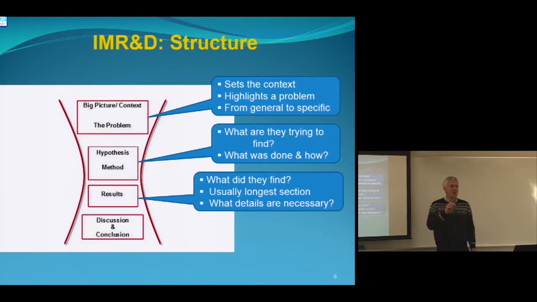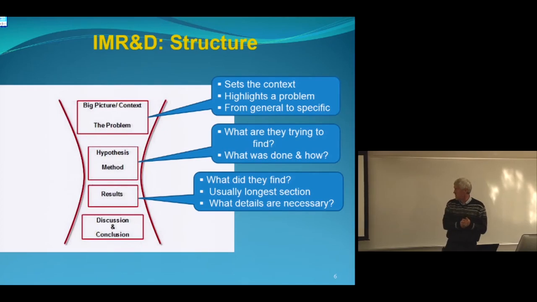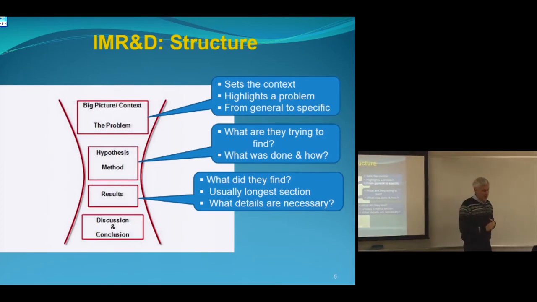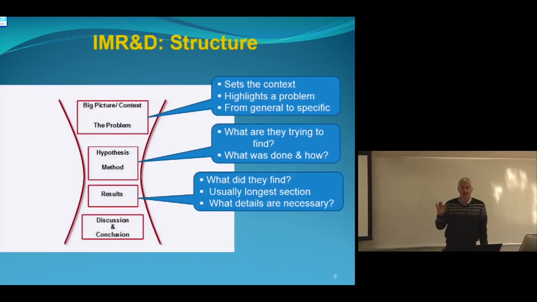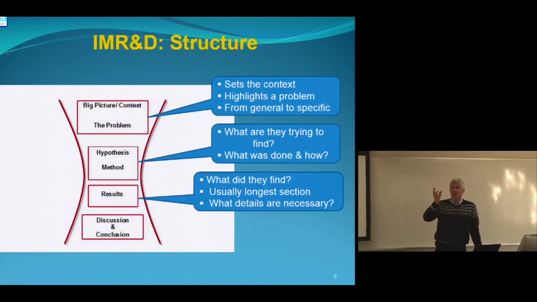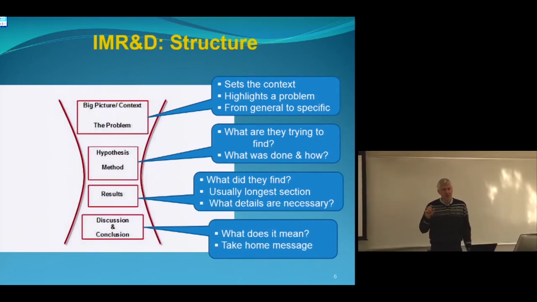You want to say, we found that this was unexpected, or this was much larger than was previously expected to be. And usually this is the longest section of the paper. And it also gives the necessary details about how those results fit in a larger context. And finally, you allow yourself to discuss what do these results mean?